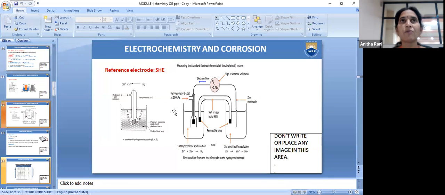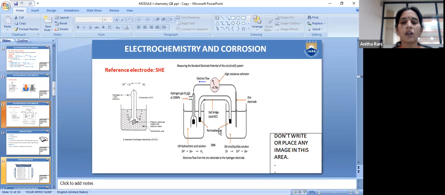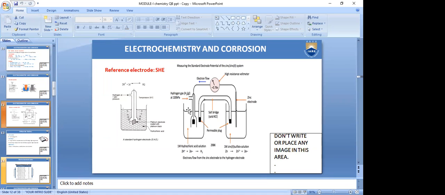There is one formula: E cell is equal to E cathode minus E anode. Anode is zinc here, cathode is the hydrogen electrode. The standard hydrogen electrode potential is 0.